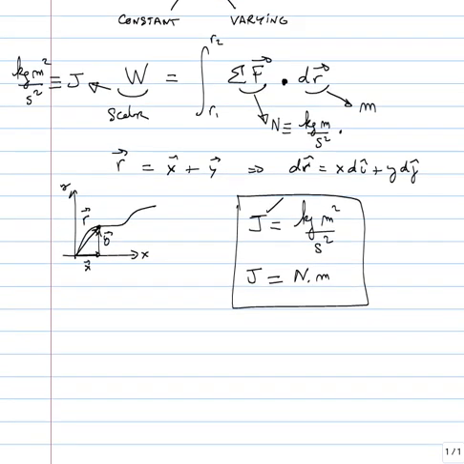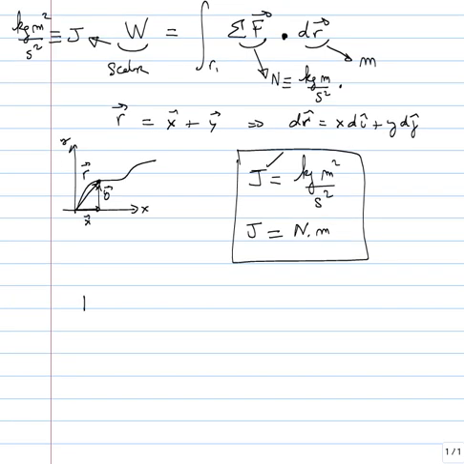So since the work is a dot product, it will follow the same properties of a dot product. So let's summarize them here. If you have two vectors, A and B, whose angle between the vectors is theta, then remember that A dot B is a scalar, which can take a whole range of values.